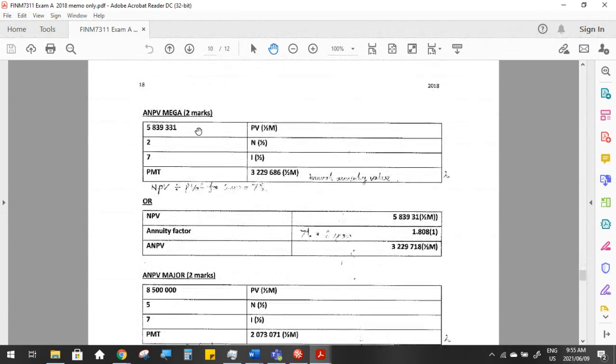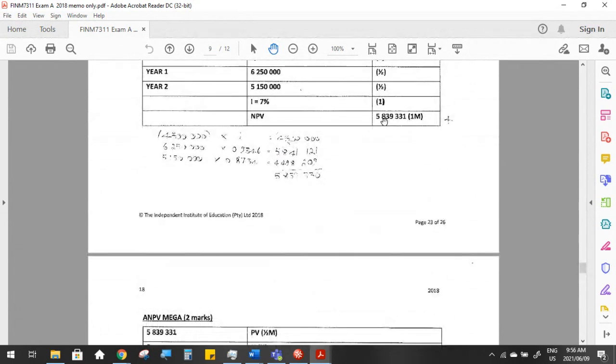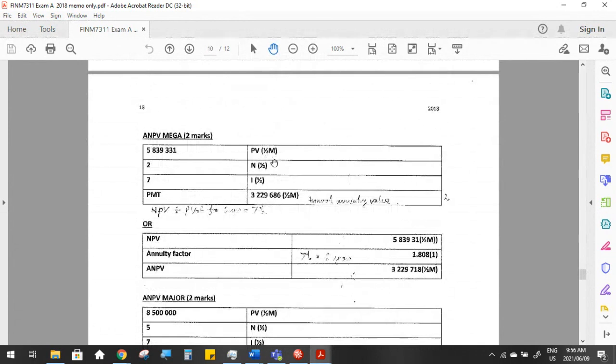Then the annualized net present value of Mega is taking the present value that we've calculated there. N is 2 years. The 7% is the value for I, and we then calculate the value for PMT.